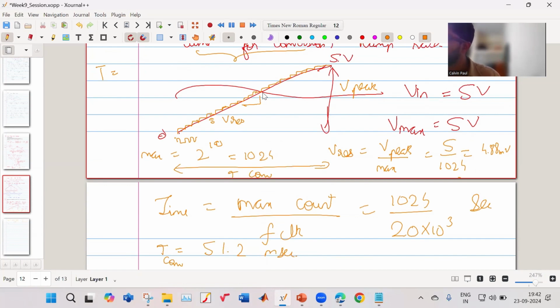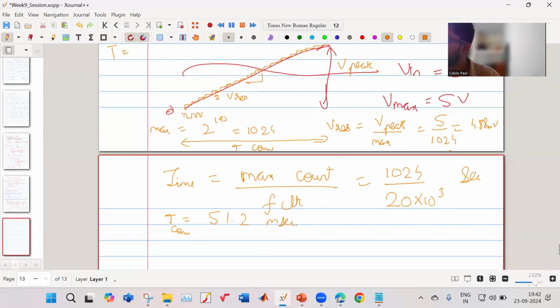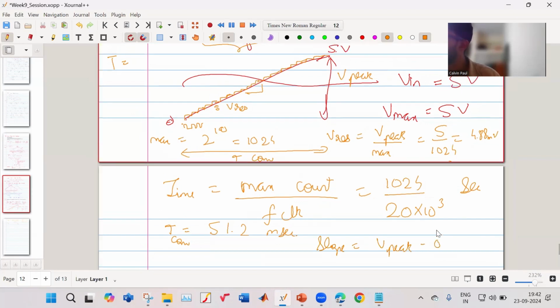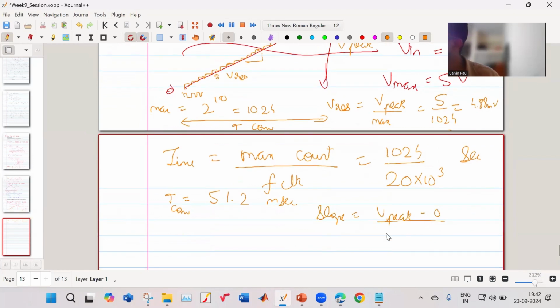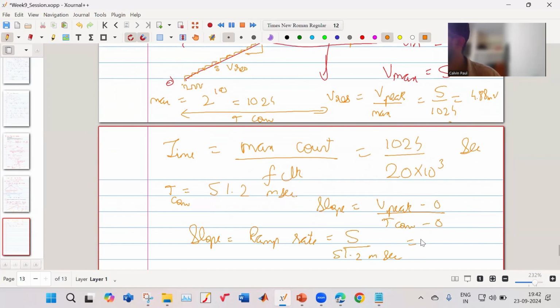Your slope will be equal to V peak minus 0 upon T conversion minus 0. So your slope, which is your ramp rate, is V peak, 5 volt, divided by 51.2 milliseconds.